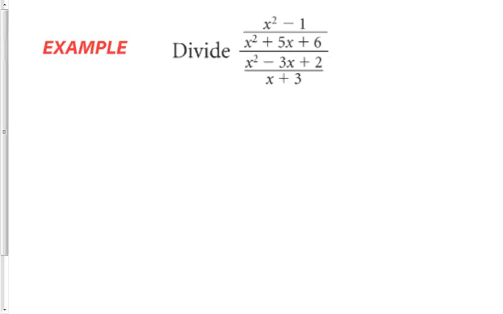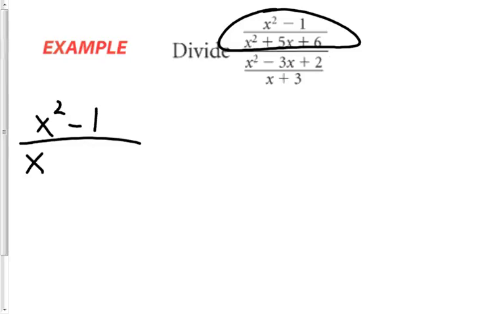Now, this looks quite mean if I were to look at it exactly for what it is, but it's actually quite easy because I can turn this into a multiplication question fairly quickly. What I have to do is look at my numerator. I'll rewrite my numerator as x squared minus 1 divided by x squared plus 5x plus 6.